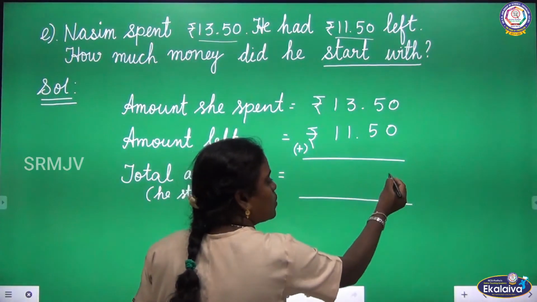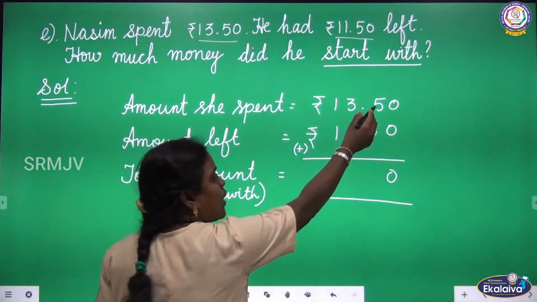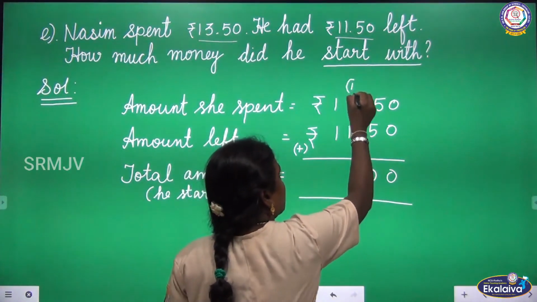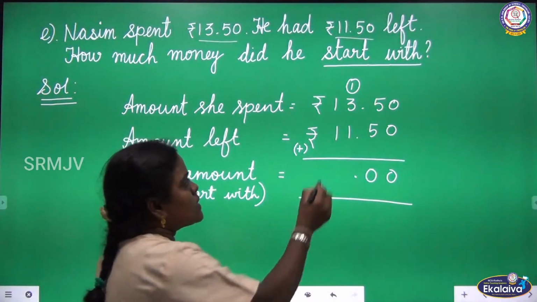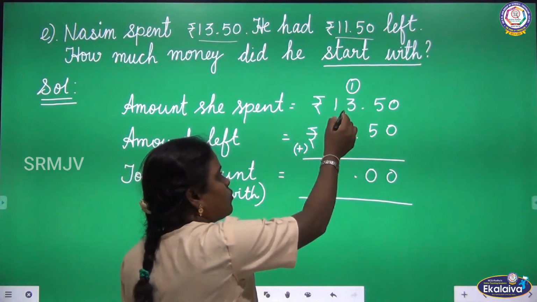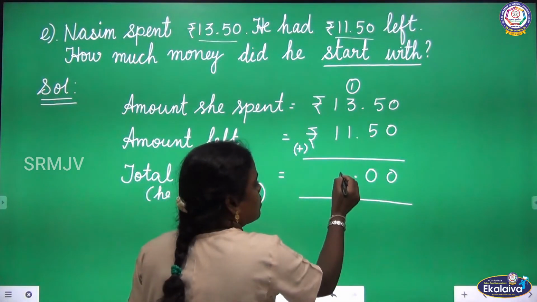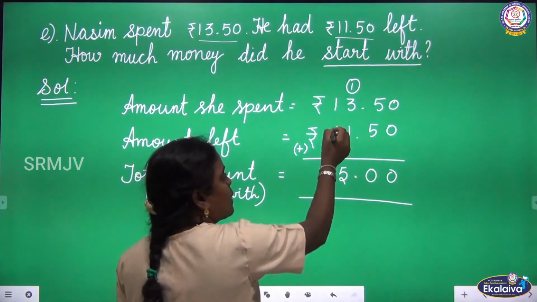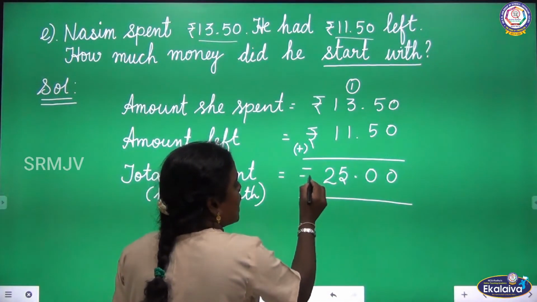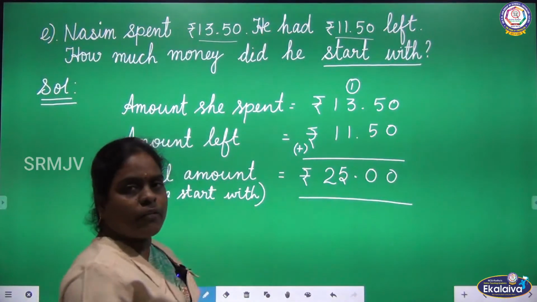0 plus 0, 0. 5 plus 5, 10. 0, 1 carry over. Now add the numbers 3, 1 and 1 again. 3 plus 1, 4. 4 plus 1, 5. 1 plus 1, it is 2. So he started with 25 rupees.